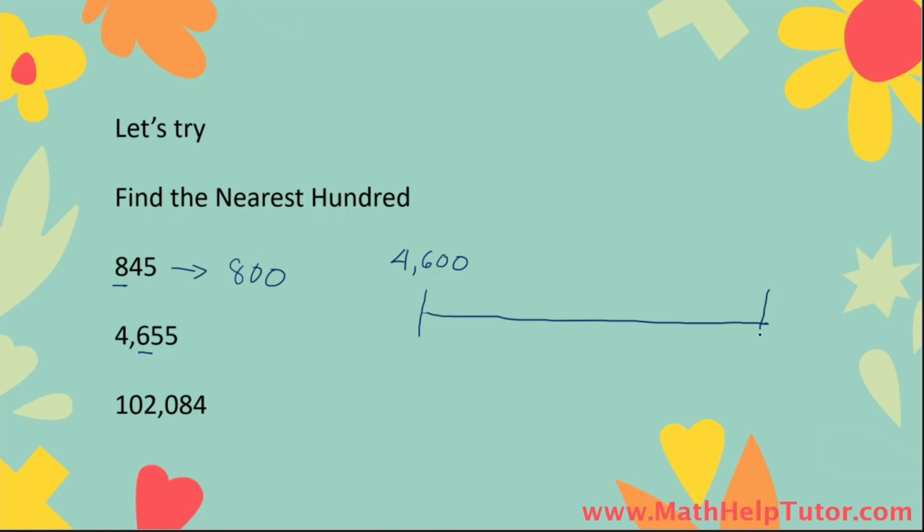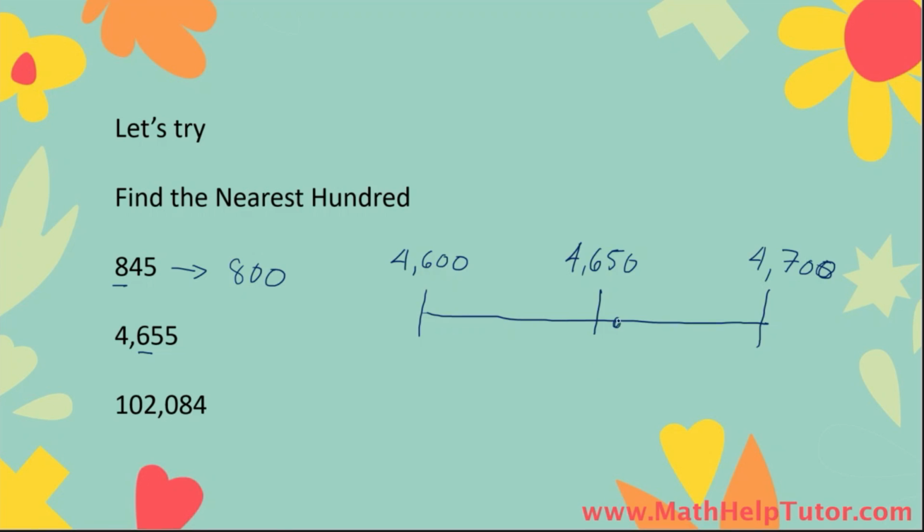And what comes after 600? That's 700. But of course, our number is far more than 700, right? It's actually 4,700. And what's the value between 4,600 and 4,700? That is 4,650. Next, let's look for our number on the number line. So we have 4,655.